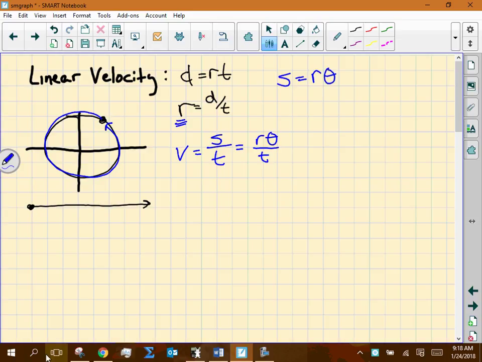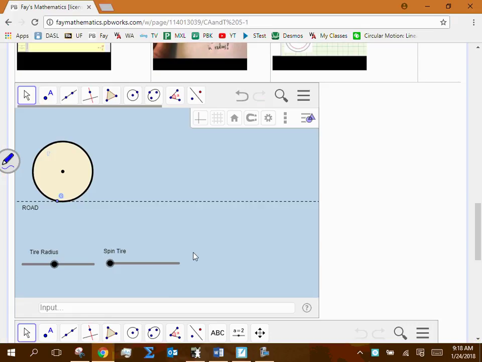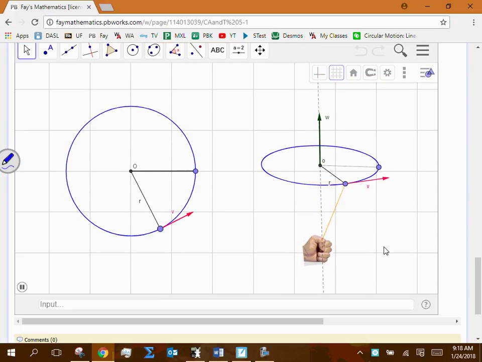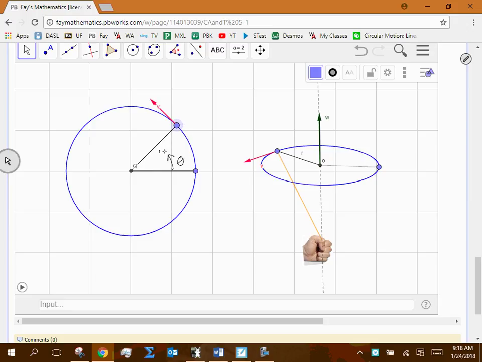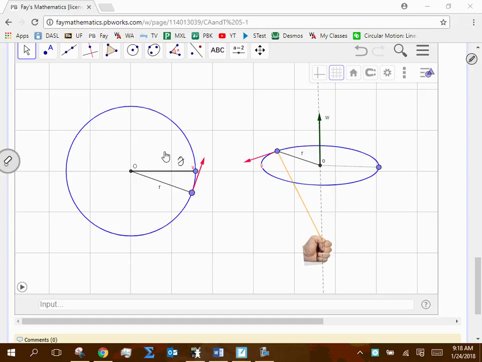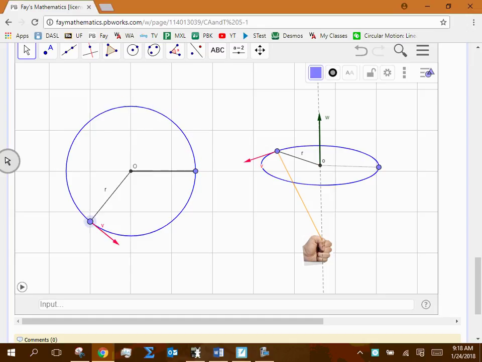Now the next thing that I think is important to talk about is angular velocity. Remember yesterday we mentioned that if that angle right there is theta, we're interested in how fast that theta is changing. In order to figure out how fast something changes, we need to know how big that thing is, and the time it took to get that big, right?